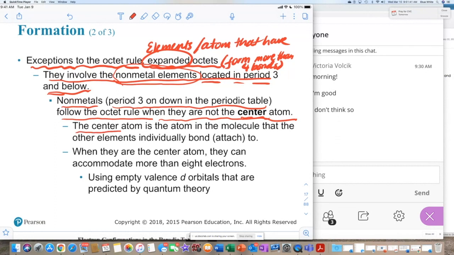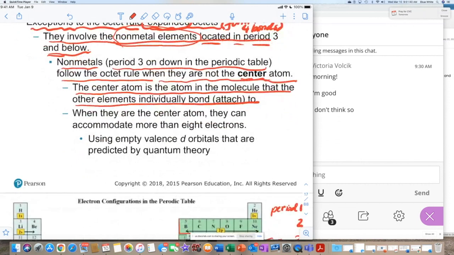Okay, the center atom is the atom in the molecule that the other atoms individually bond to. So I tend to call the central atom the host. So I'm going to label it here or draw a sketch. A will be my center atom or central atom. Okay, the central atom has a role of bonding to other atoms.